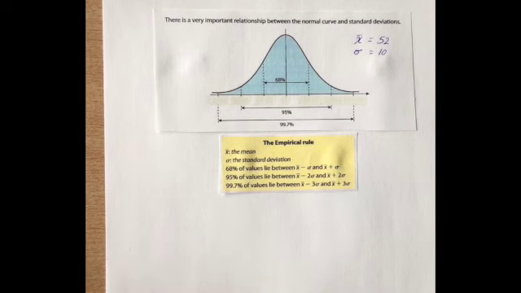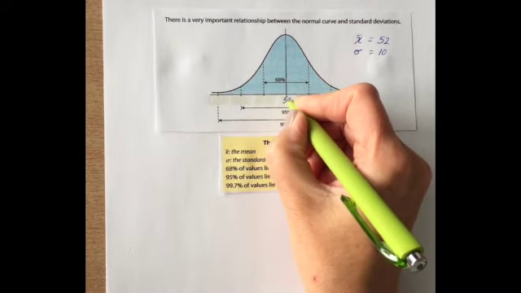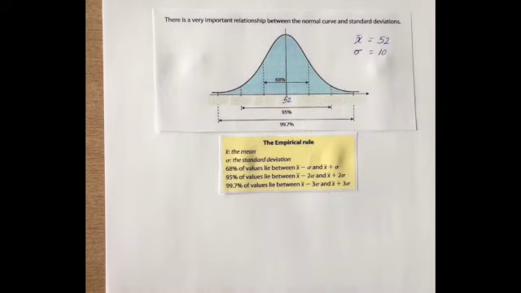Well, here's the thing about the empirical rule, and the empirical rule can apply to anything that follows a normal curve. If the mean is 52, then the data will be centralized around that 52 mark.